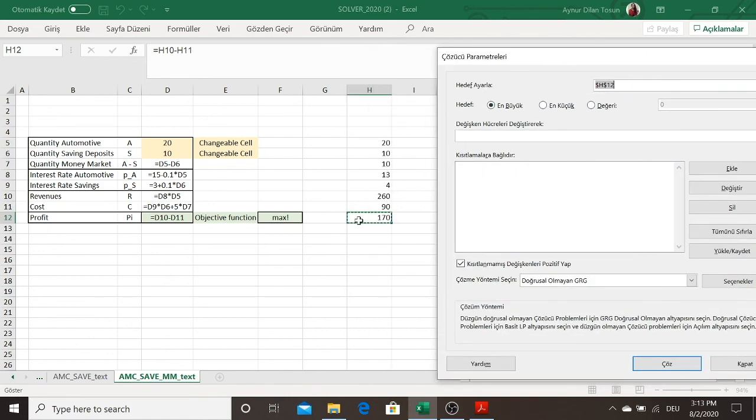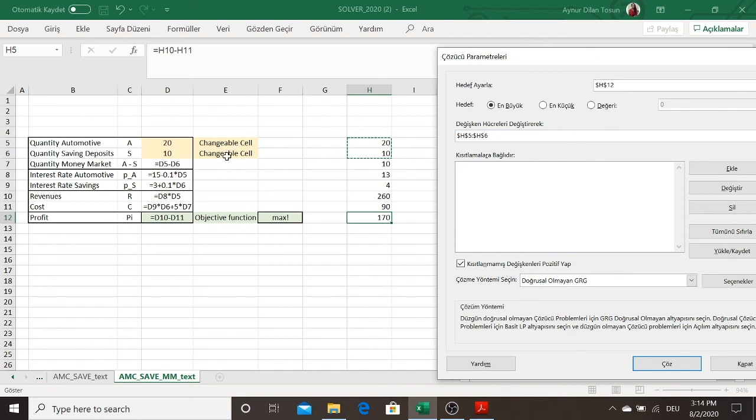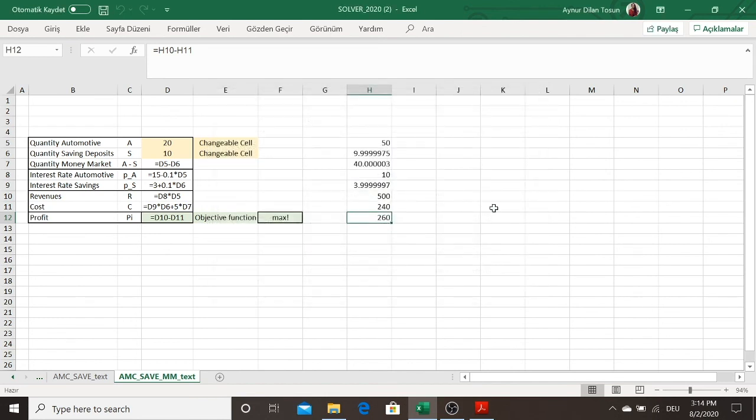So we are maximizing this value, the profit. The values that could be changeable in this part should be written. So this part is these two values. As we said, these are changeable. When we have written this, we just solve it and end up with these values.